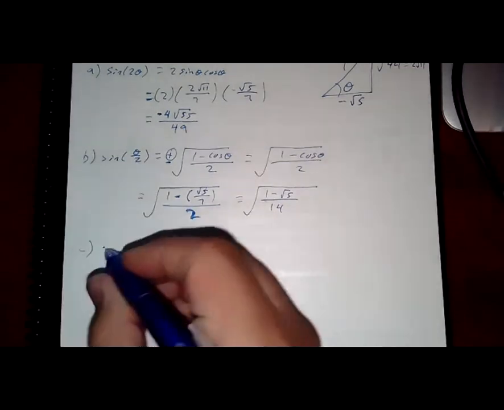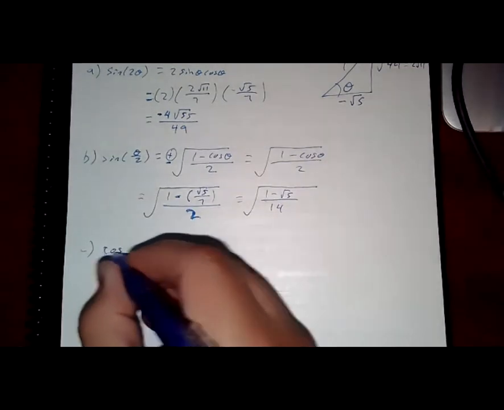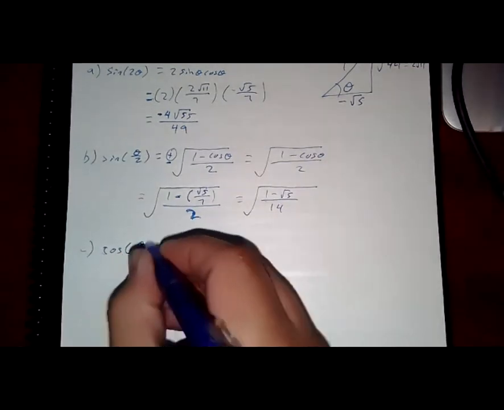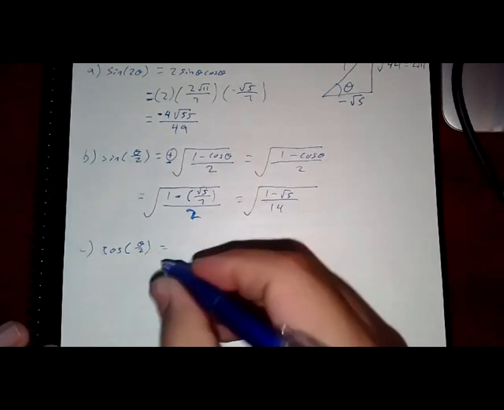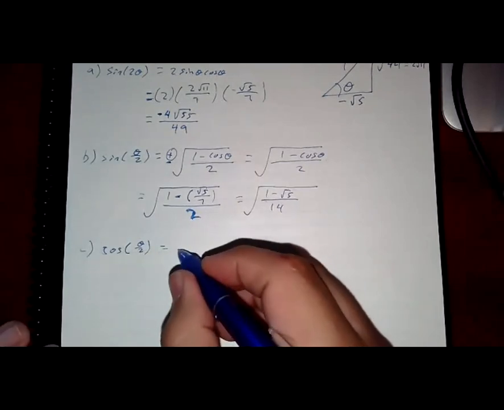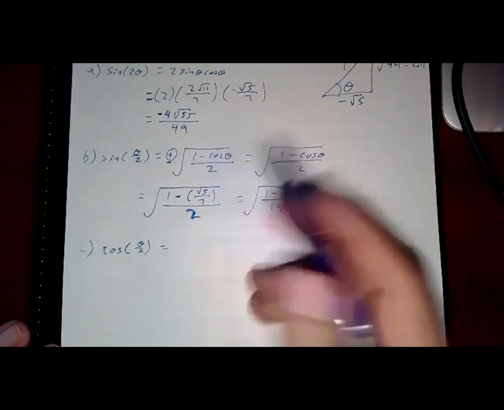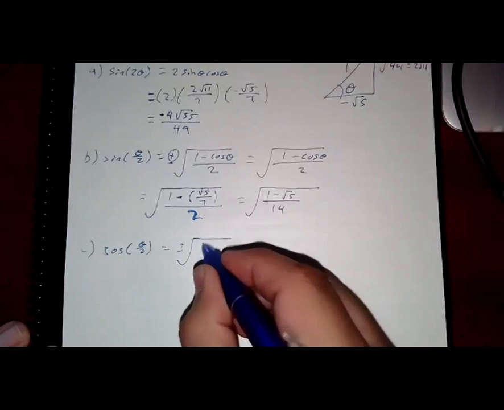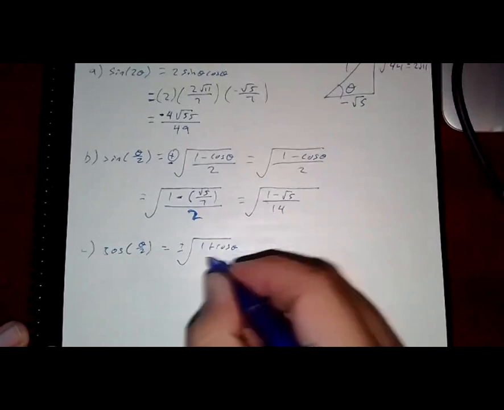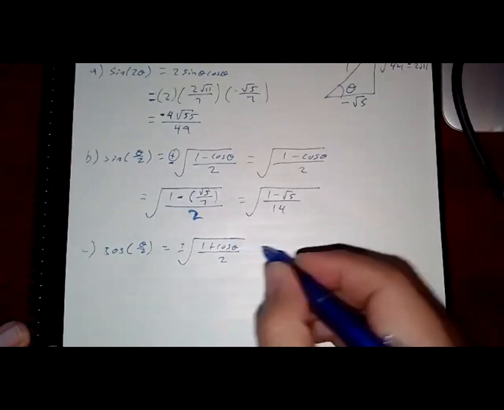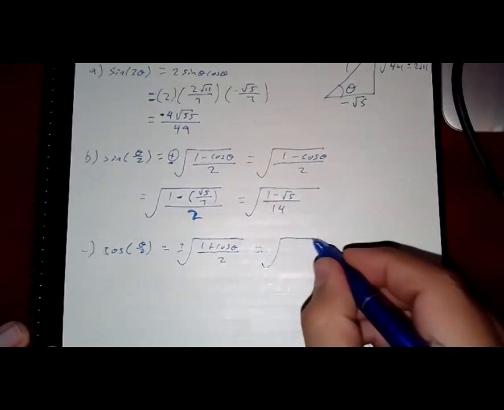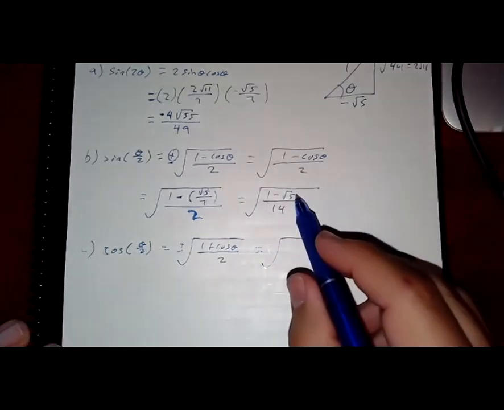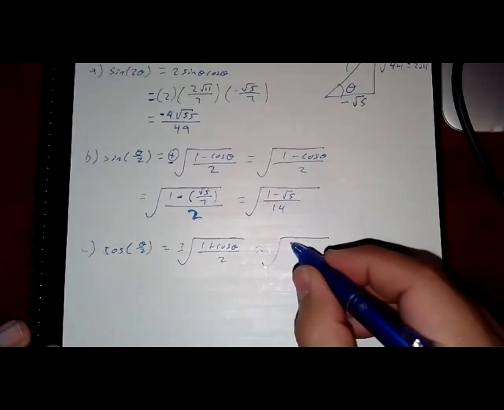Yeah, let's go ahead and do cosine for fun, right? Cosine theta over 2. That will be the same formula except that there's a plus in here. Plus or minus the square root of 1 plus cosine theta over 2. Cosine is negative root 5 over 7.